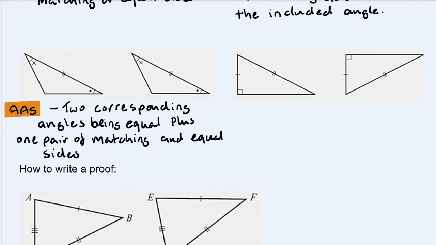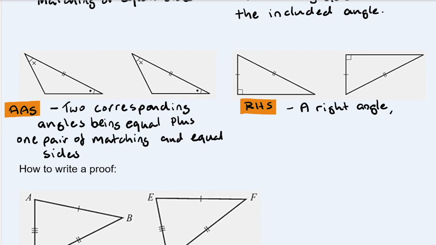Looking now at our last test. Our last test is RHS. Now the reason it's RHS is because we're looking for a right angle, which will be a matching or corresponding angle, because all right angles are equal, or are 90 degrees.